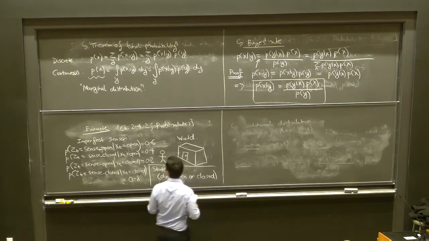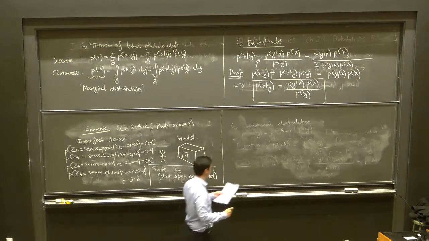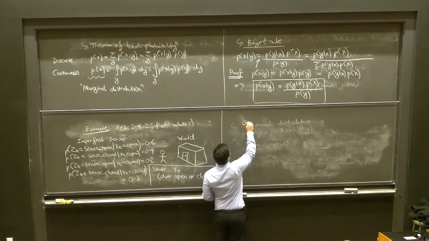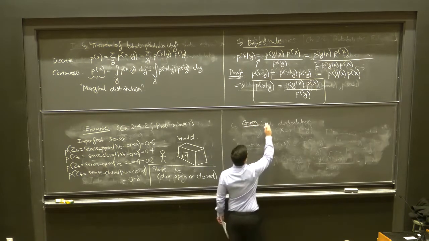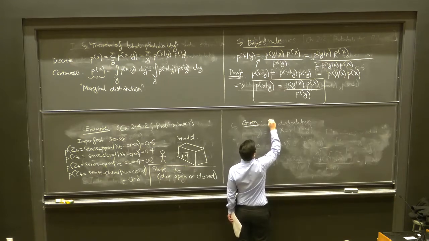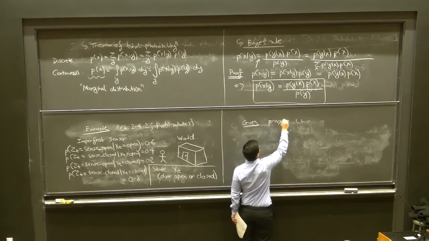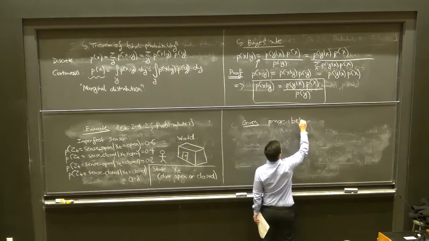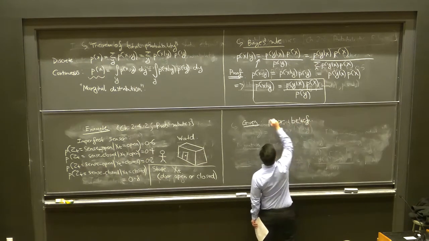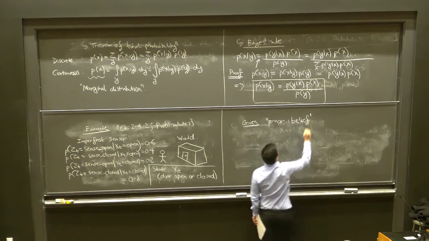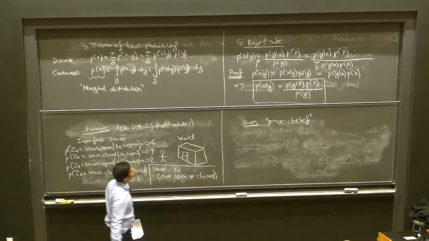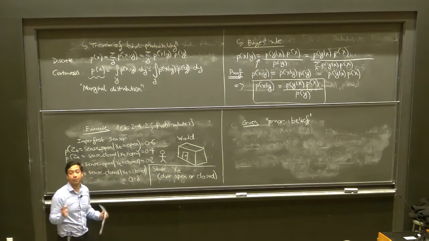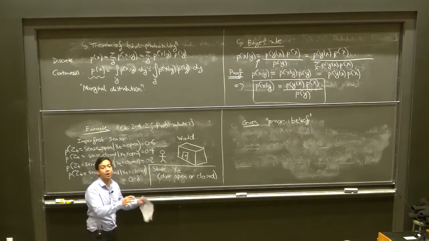One more piece of information that we're given is what we're going to call a prior belief about whether or not the door is open. This is the probability that the robot assigns to the door being open or closed before it starts operating in the world.